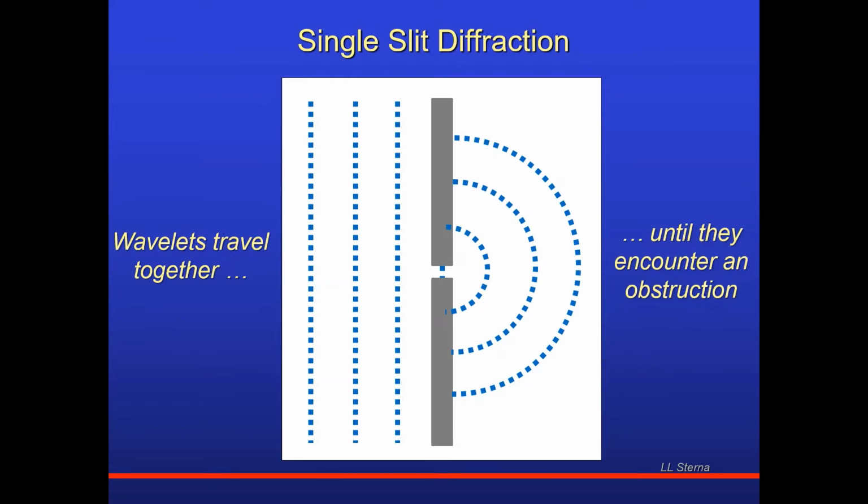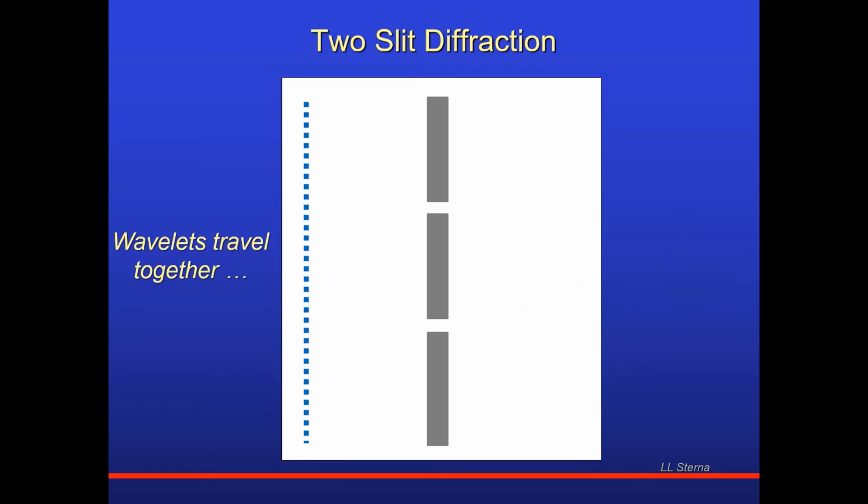Now let's imagine what would happen if we had two openings. Now the wavelets are traveling together. Look, two little disturbances enter the two narrow openings. Of course, we've selected this with narrow openings. Just a small portion of the wave can get in.